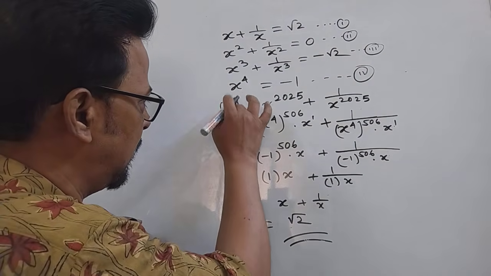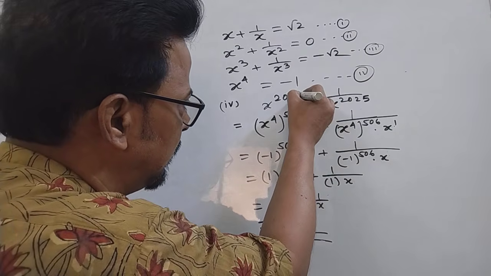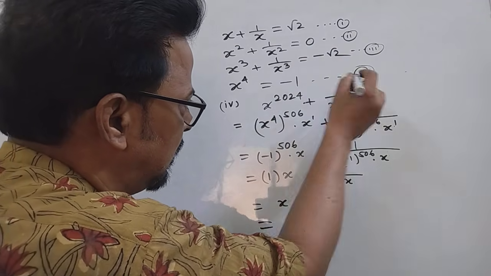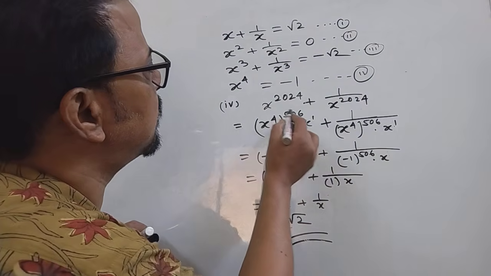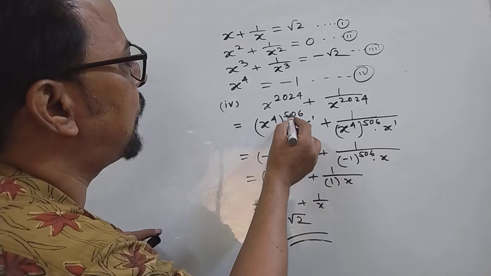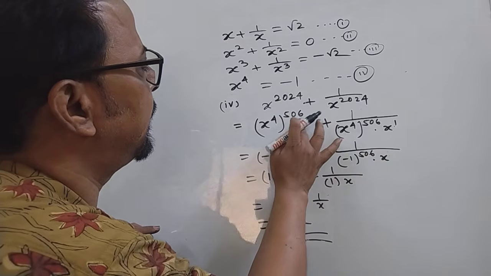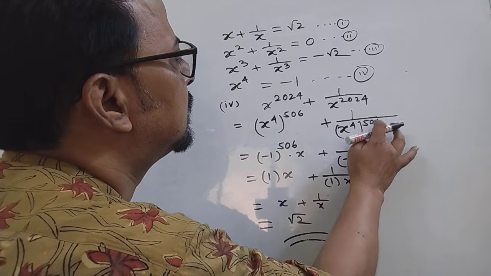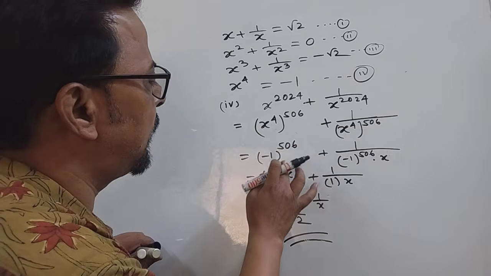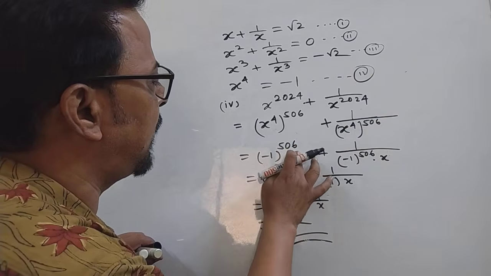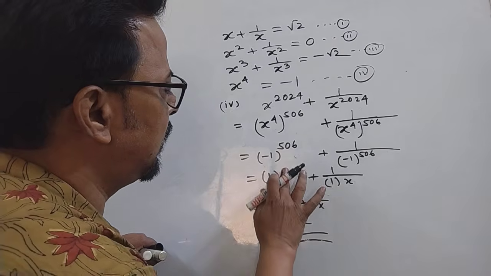Similarly, question number 4: this is 2024. Itself 2024, 4 into 506 is itself 2024, so no other x is required. Now x^4 is minus 1 to the power 506, and no x required.